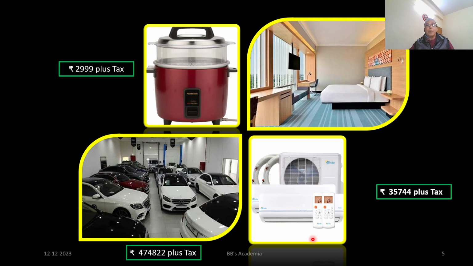You can see in the case of the rice steamer, car, or even the AC machine, the price tag is very much visible to all the customers. In the case of the hotel room, the price tag is missing. Now the point is, why is it so? Why is the price tag not visible?